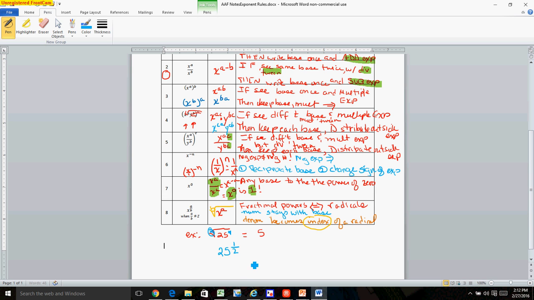And if you don't believe me, go ahead and type on your calculator 25 to the 0.5 power, and you know what you're going to get? 5. Guess what 9 to the 1/2 is? Yep, that's the square root of 9, because there's 2 in here and a 1 on there, and you're going to get 3. Crazy, right?